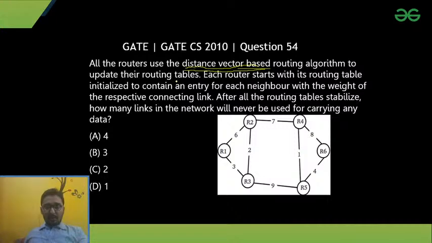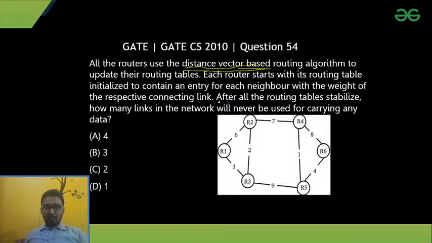Each router starts with its routing table initialized to contain an entry for each of its neighbors with the weight of the respective connecting link. So initially everyone just knows its distance to its neighbors. After all the routing tables stabilize, how many links in the network will never be used for carrying any data?